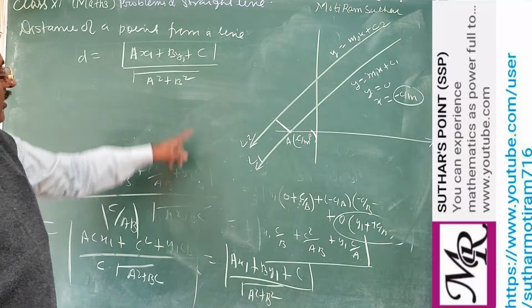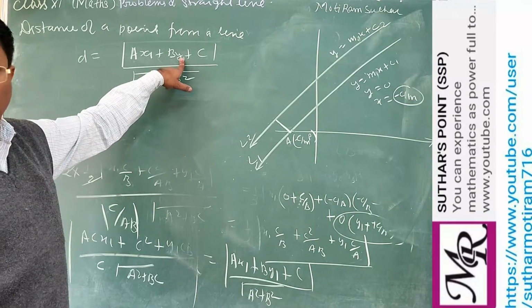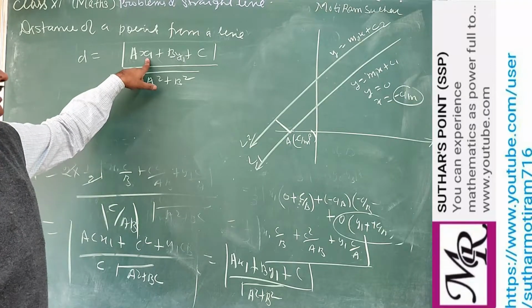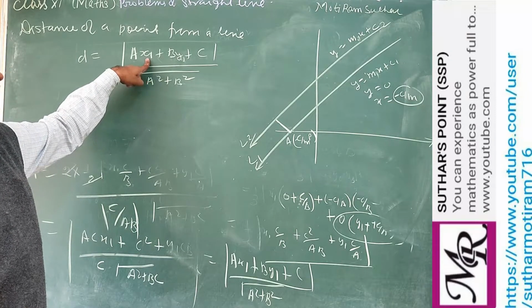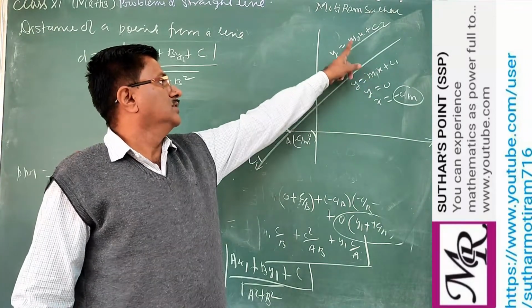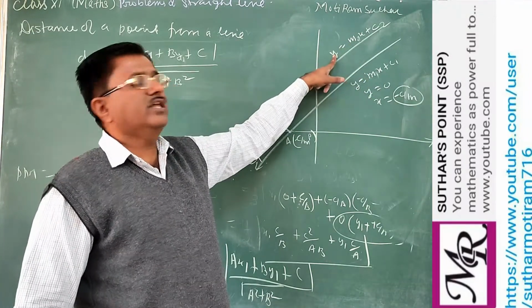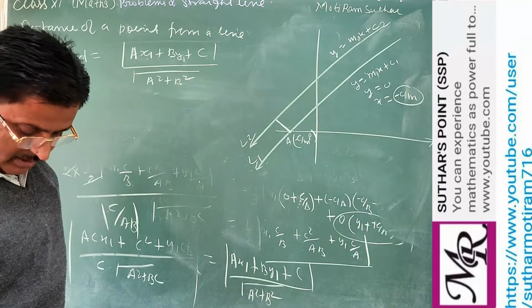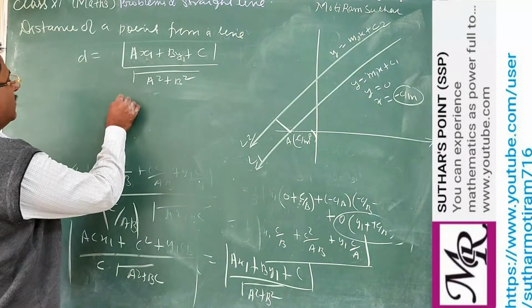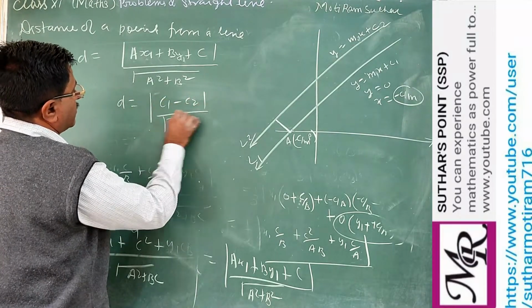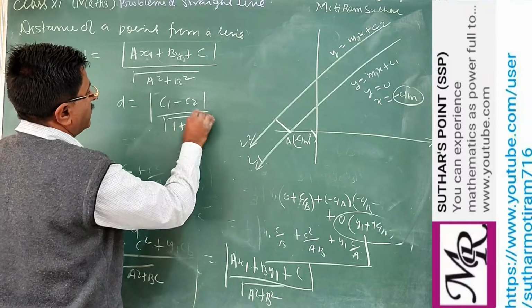Clear? You put the point y1 as 0 and x1 as minus c1 upon m, and a as the coefficient of x for this line and b as the coefficient of y. Put and simplify, you get the direct formula. I am writing here d equal to mod of c1 minus c2 upon root of 1 plus m square.